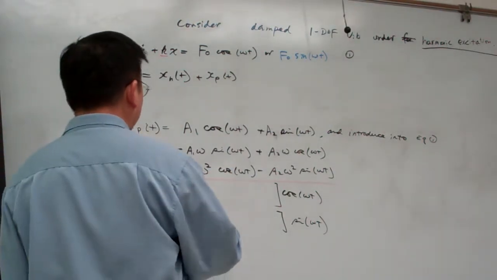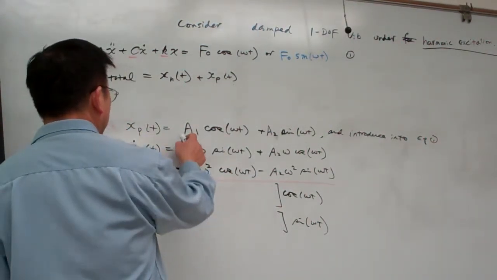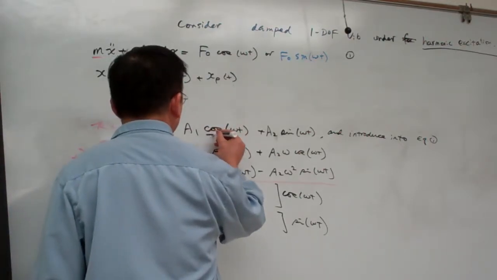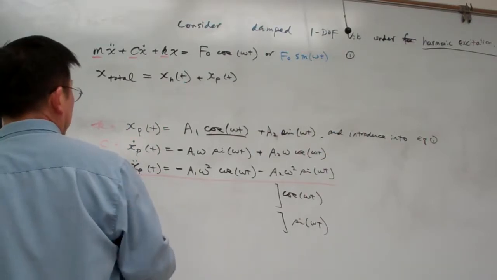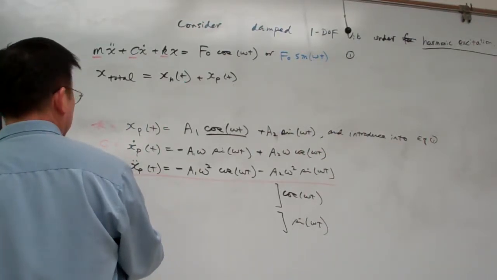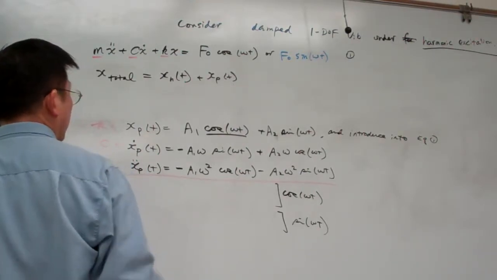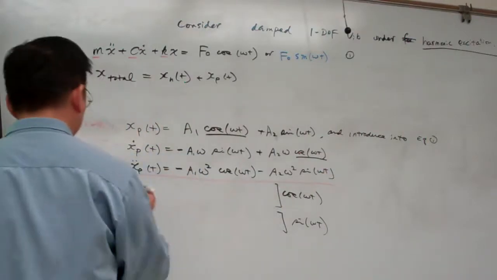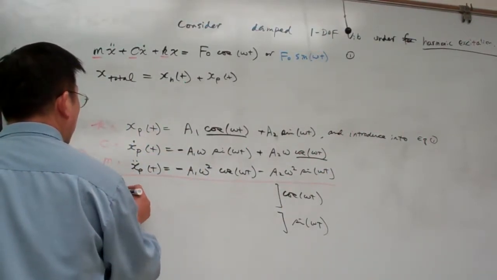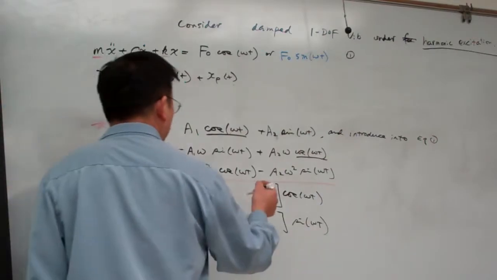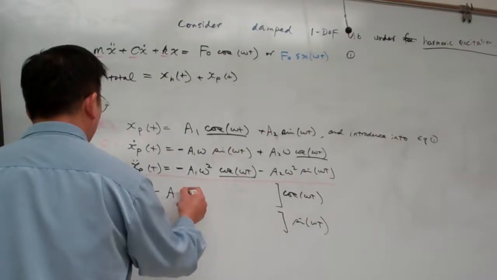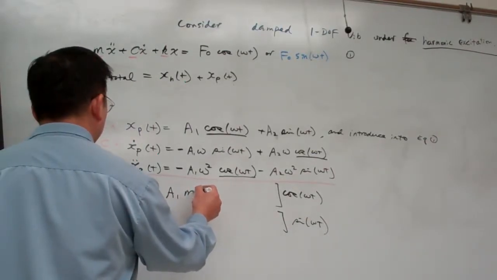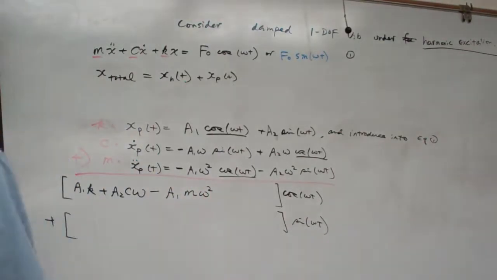So for cosine, we have this form here: A1 k plus A2 c omega minus A1 m omega squared.